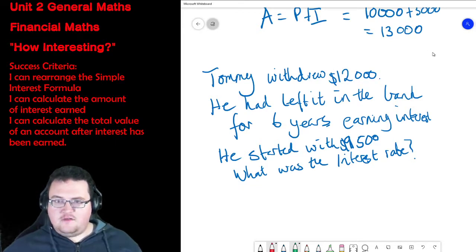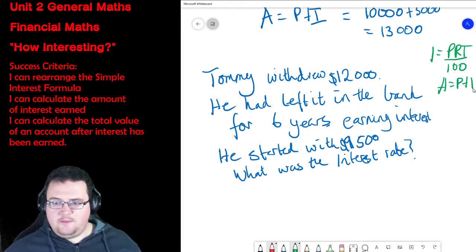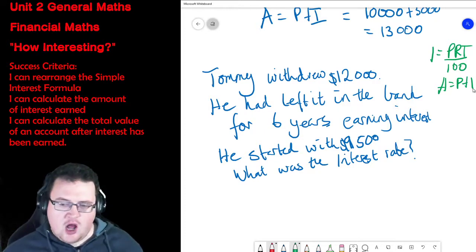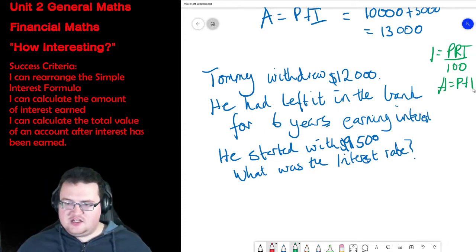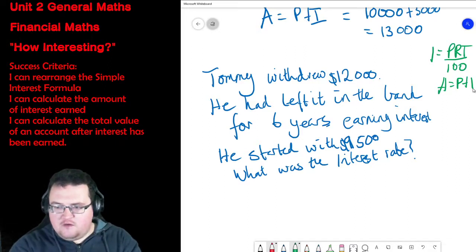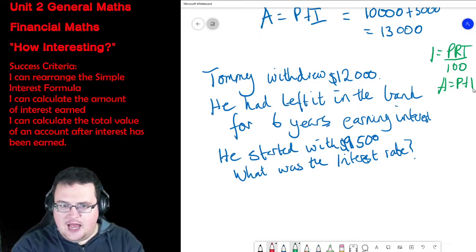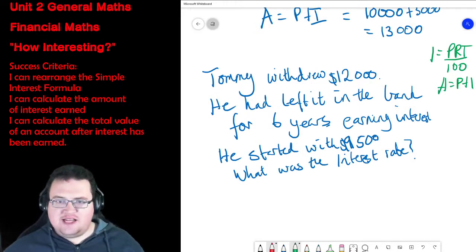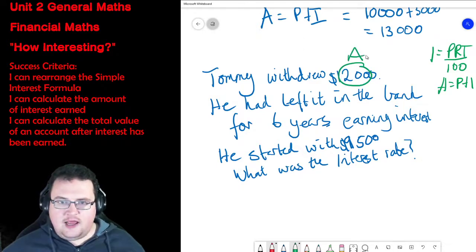I have I equals PRT over 100, and A equals P plus I. It's not I, because he withdrew $12,000. This is what he had at the end, which makes this A.